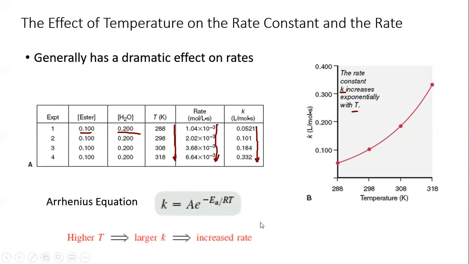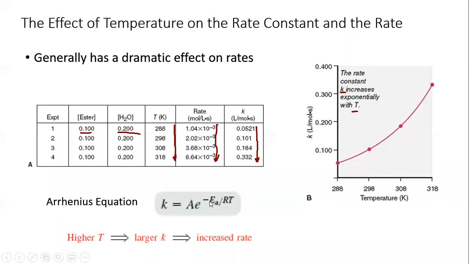And so the higher the temperature, the larger the k, because if you notice, it increases the rate. So what happens is you increase T, this exponent becomes smaller.